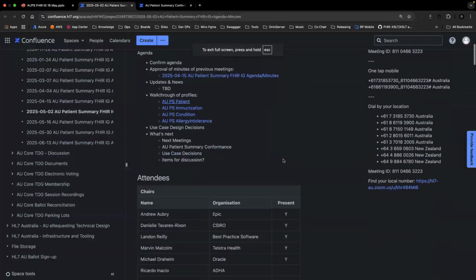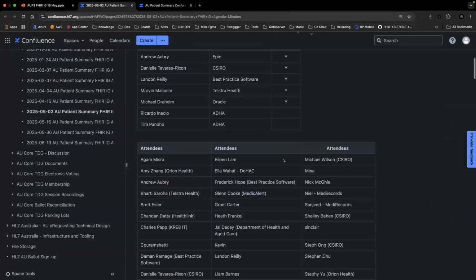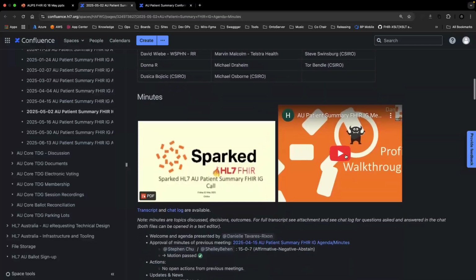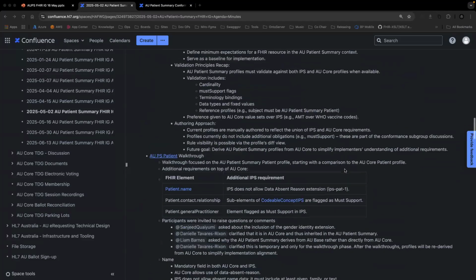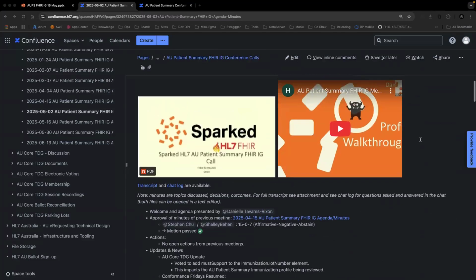In our minutes, we have all the attendees, the YouTube recording, the slides, and the transcript, and I haven't heard of any outstanding feedback. My question is, does anyone need any more time to review the minutes before we go to an approval? I think all the documented decisions are in here as well, and everything we walked through in the previous meeting.